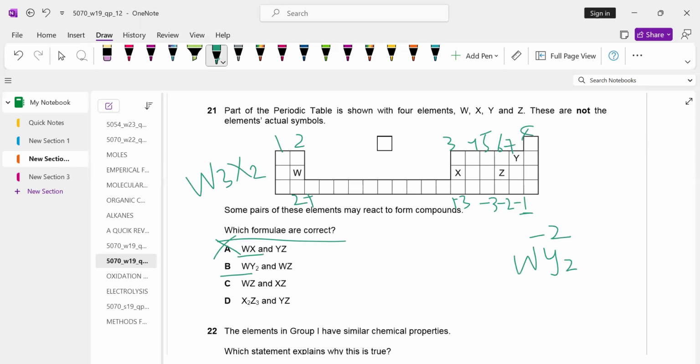So it would be W. So this first one is correct. Then the second one is W2 and Z belongs to group 6, which means the charge is -2. So yes, the second one is also correct. W and Z. So option B is correct for question number 21.